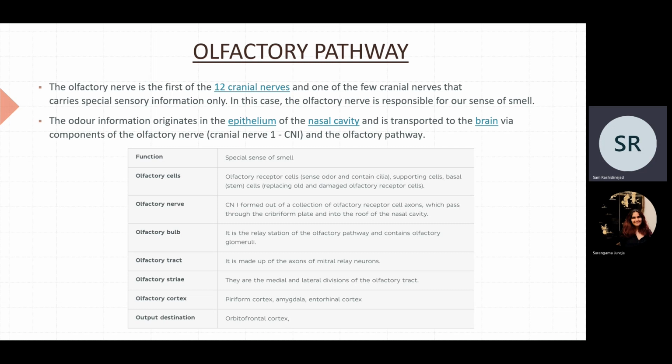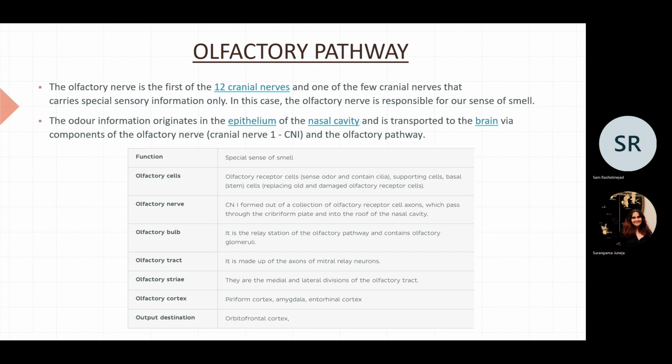It also does not decussate, meaning it does not cross the midline. It's mediated by the olfactory nerve, which is the first cranial nerve out of the 12, and is one of the only cranial nerves that only transmits special sensory information.